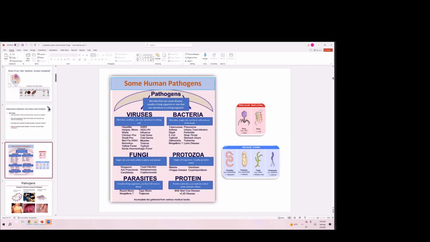So we have viruses, we have bacteria, we have fungi, we have protozoa, we have some parasites, we have even some proteins. Let's take the bacteria that I mentioned first. Bacteria, as we talked about when we were discussing types of cells, are prokaryotes.